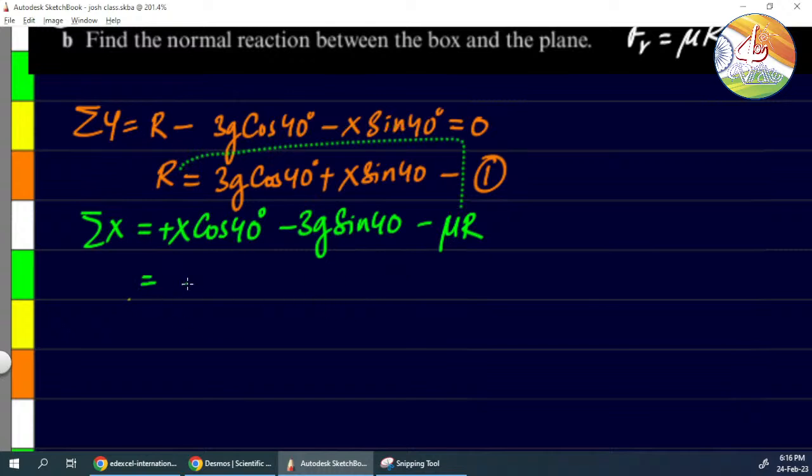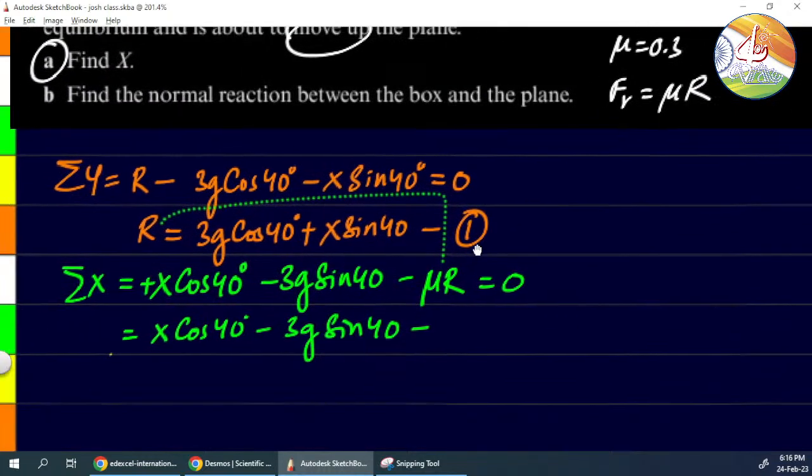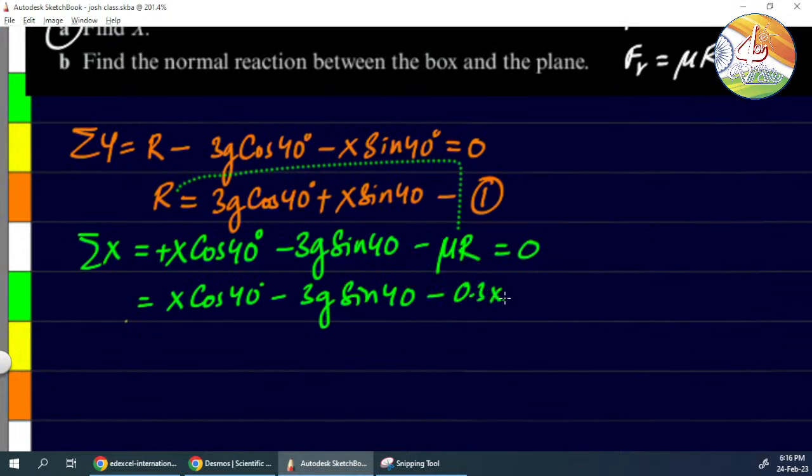So what do we get? This total should be 0, of course. So X is unknown: X cos 40 minus 3g sine 40 minus mu, the value is given, 0.3, into, in place of R, substitute this whole equation, so 3g cos 40 plus X sine 40.